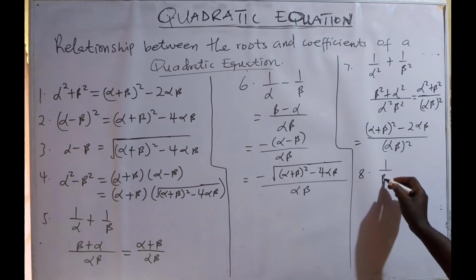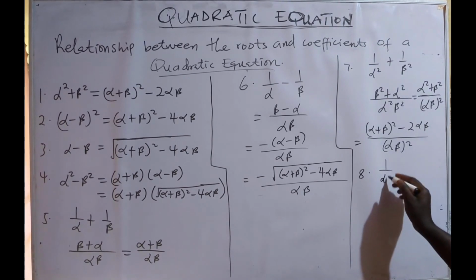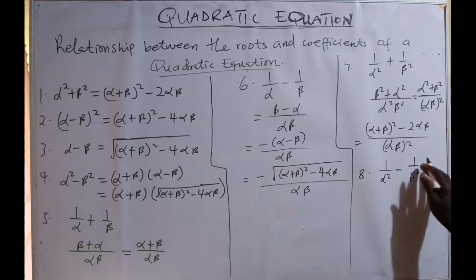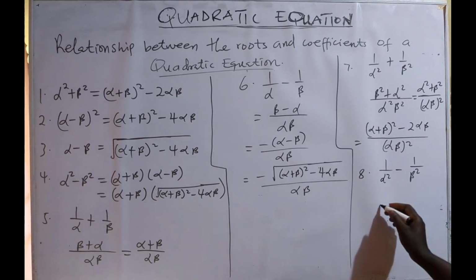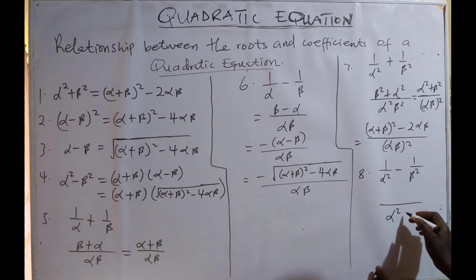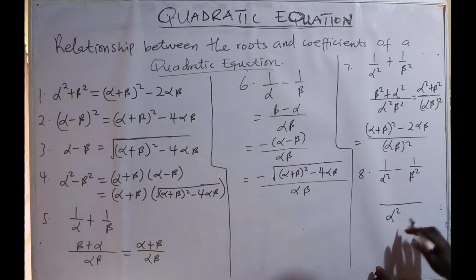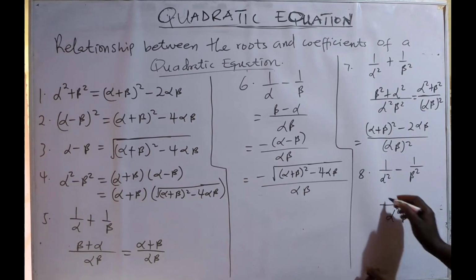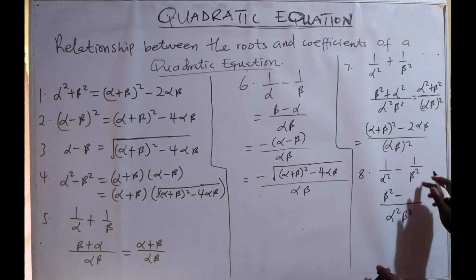Okay, then let's look at 1 over alpha squared minus 1 over beta squared. Okay, so we have alpha squared, beta squared. Alpha squared will go here, remaining beta squared, minus, beta squared will go here, remaining alpha squared.